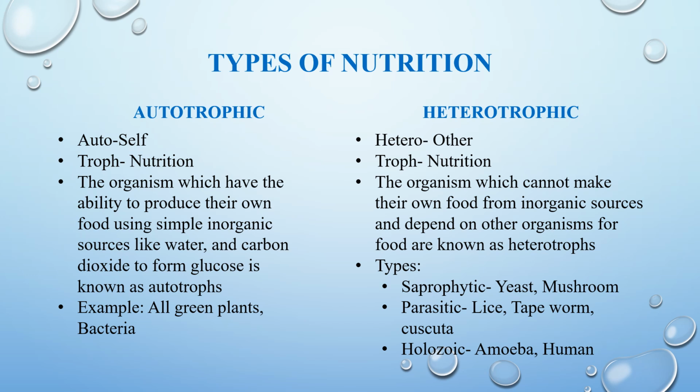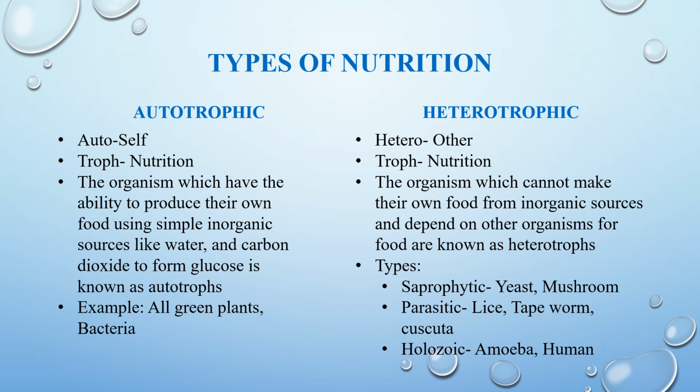The food is digested outside the body of the organism. The digested food is then ingested by the organism. All the decomposers follow saprophytic nutrition. For example, yeast and mushroom.